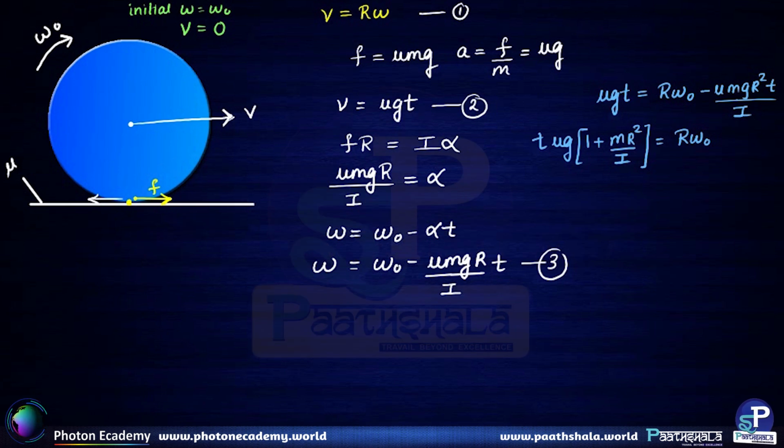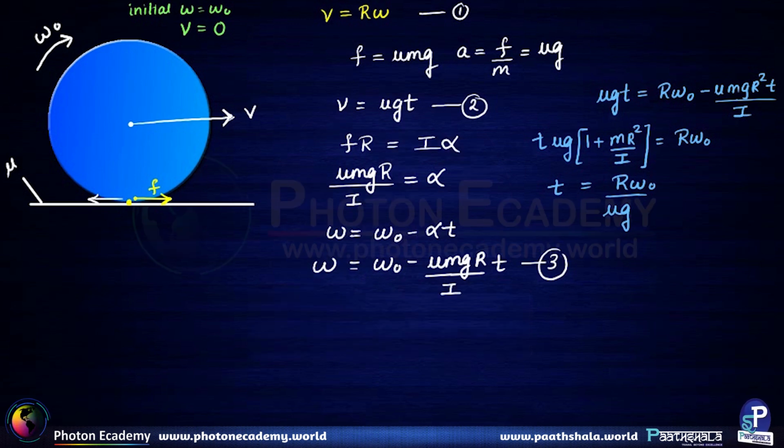Alright, so after simplifying this, we get t to be equal to r omega naught upon mu g, a similar looking answer to what we have previously derived in another situation, r omega naught upon mu g into I upon I plus mr square. So this is the time after which pure rolling will start.